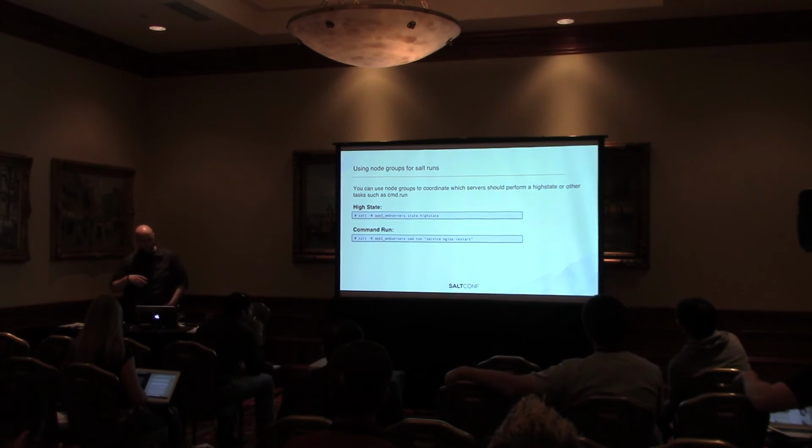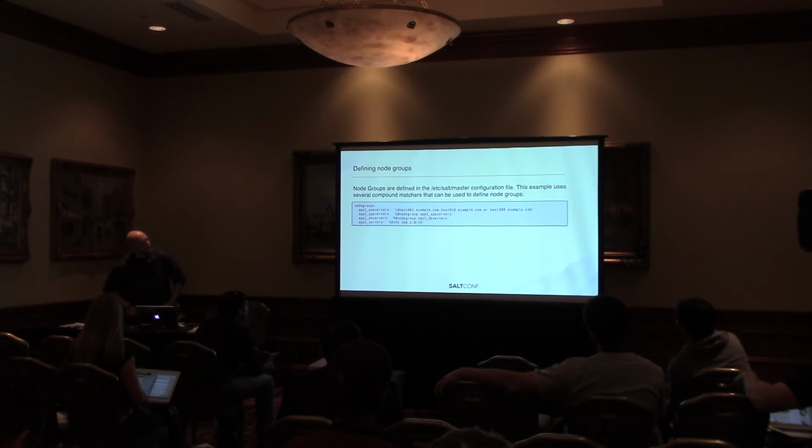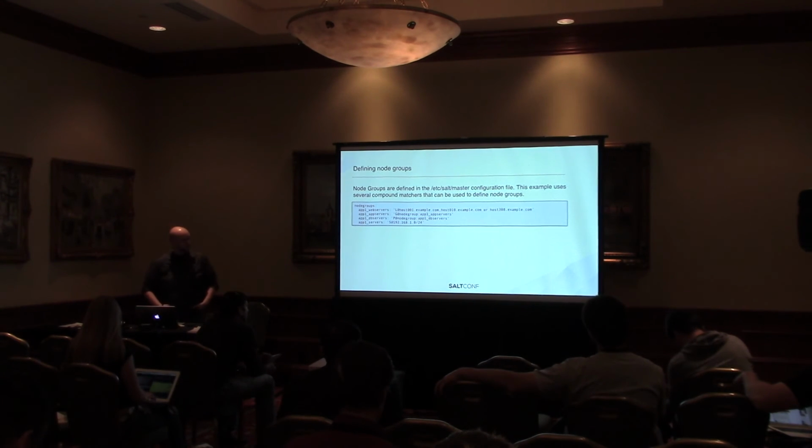And you can have node groups by a lot of different things. Here's another example: I have host names for my web servers, I used a grain for my app servers, and a pillar for my database servers. Now, you notice in my previous system pillar file, I put a node group in there. So on that server, I specified that it has a pillar for a specific node group.